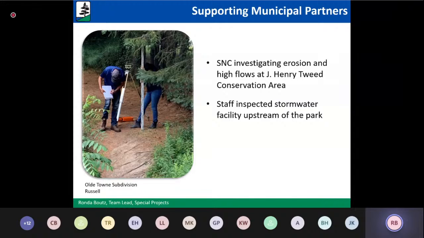We're also doing some ash tree removal and replanting on a couple of South Nation properties in the city of Ottawa. These are areas with large ash populations that are heavily infested with emerald ash borer, so we know that we're going to lose a significant portion of these forests moving forward. We're looking to do a cut and replant of some native species to reestablish some forest cover in those areas.